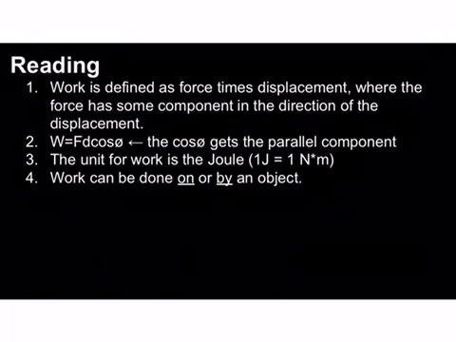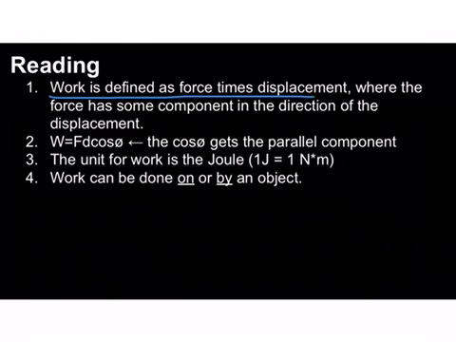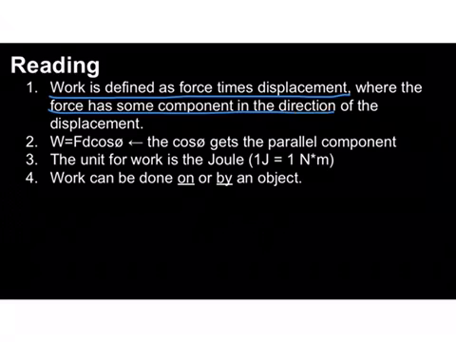So some things from the reading that I thought were important is that work is defined as a force times a displacement. The force has to have some component in the direction of the displacement. Notice that there has to be a displacement. If the object does not move, then no work is done.